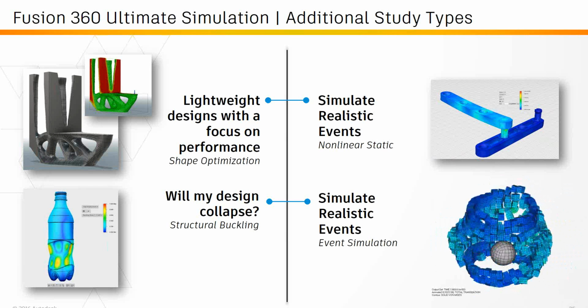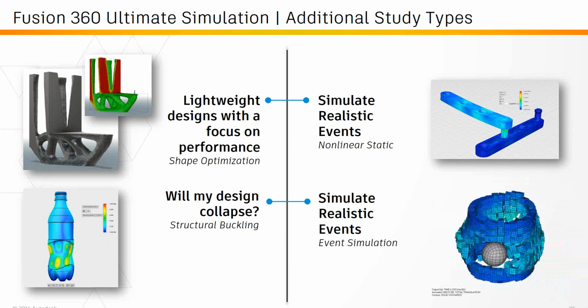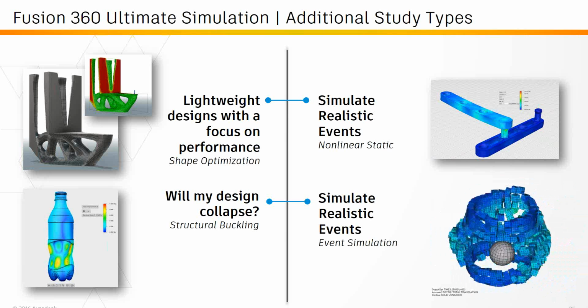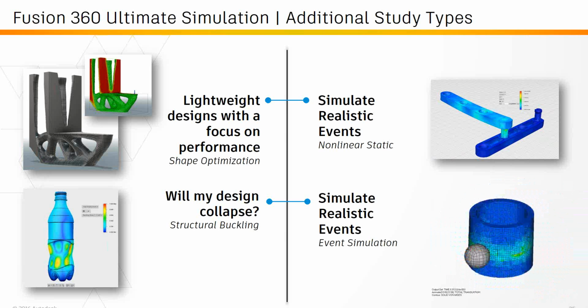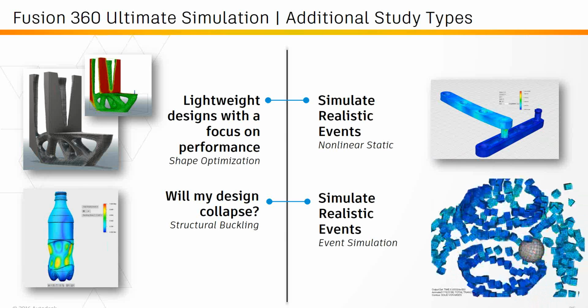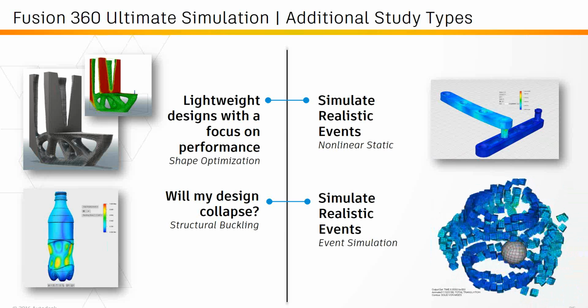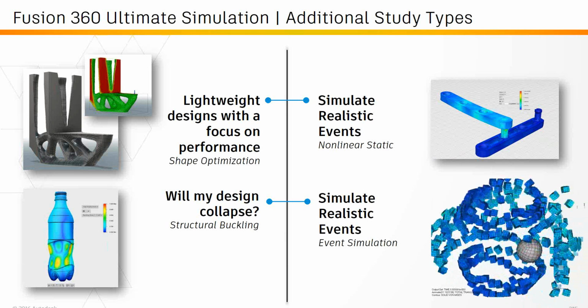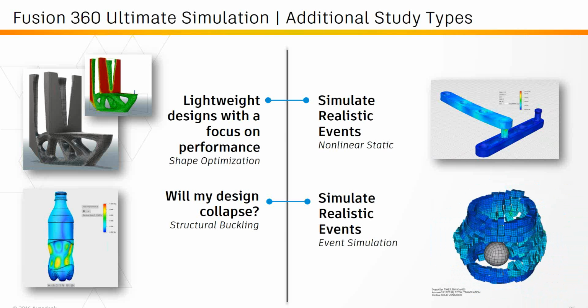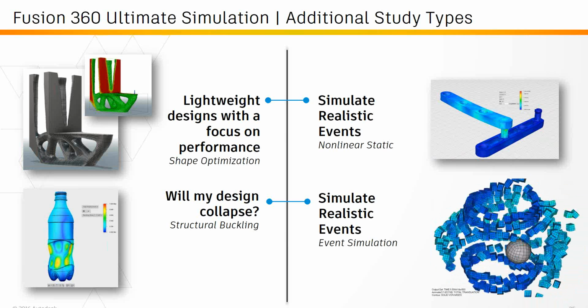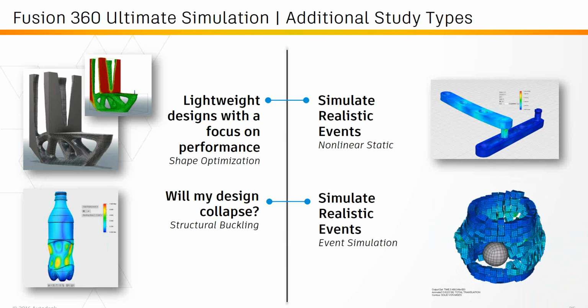And then bumping up the realism even further, to a new level of complexity, is event simulation inside of Fusion 360. It's not just an impact, it allows impact plus failure. We can see this example of a ball crashing through a wall, and there are so many implications for that.